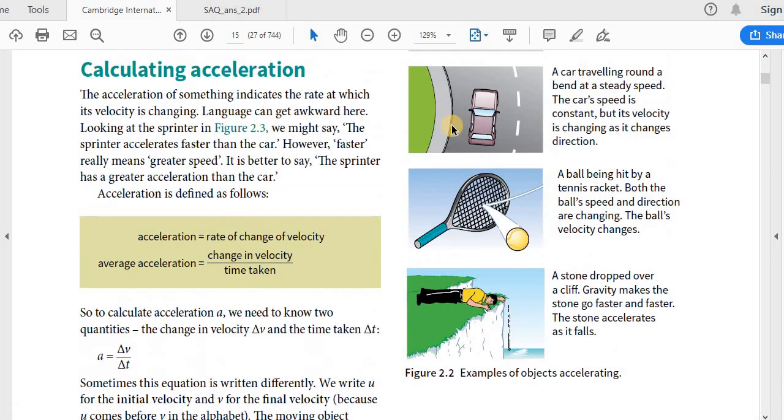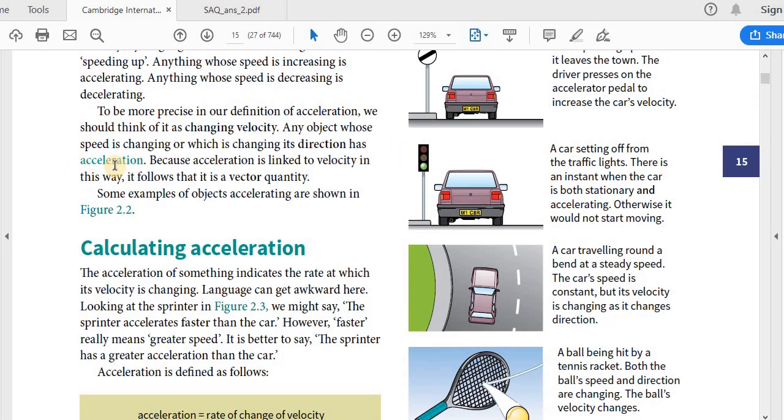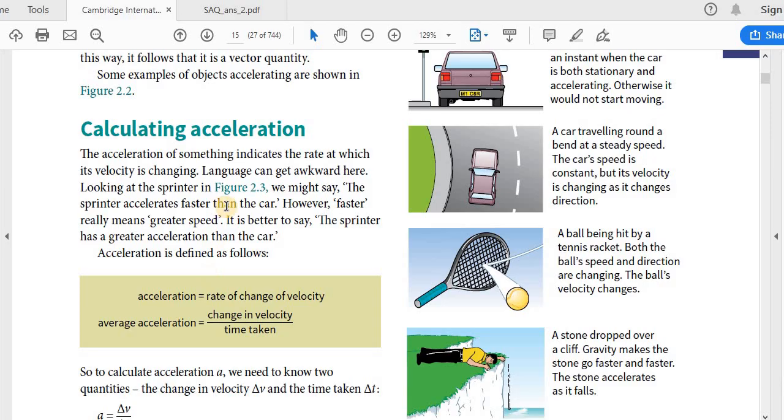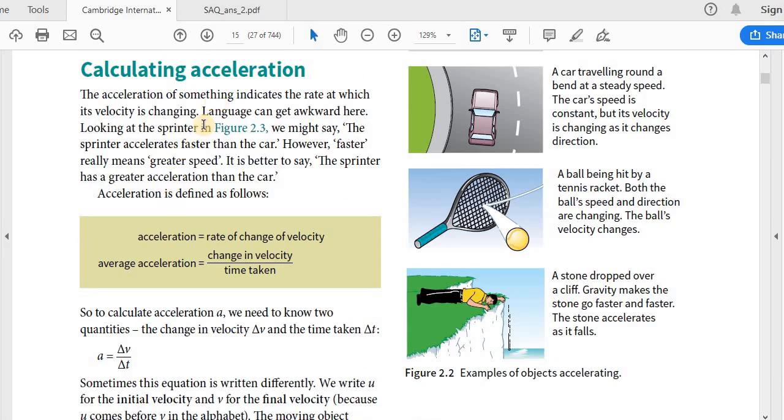By the way, whatever is in your book in green bold letters is also very important. For example, you see here, this word is in green bold letters. That means you have to know the meaning of it. The meanings of these words are also given in the glossary. So it will be given somewhere here, and also in the glossary. You can go to the glossary and go through the meaning of the word.